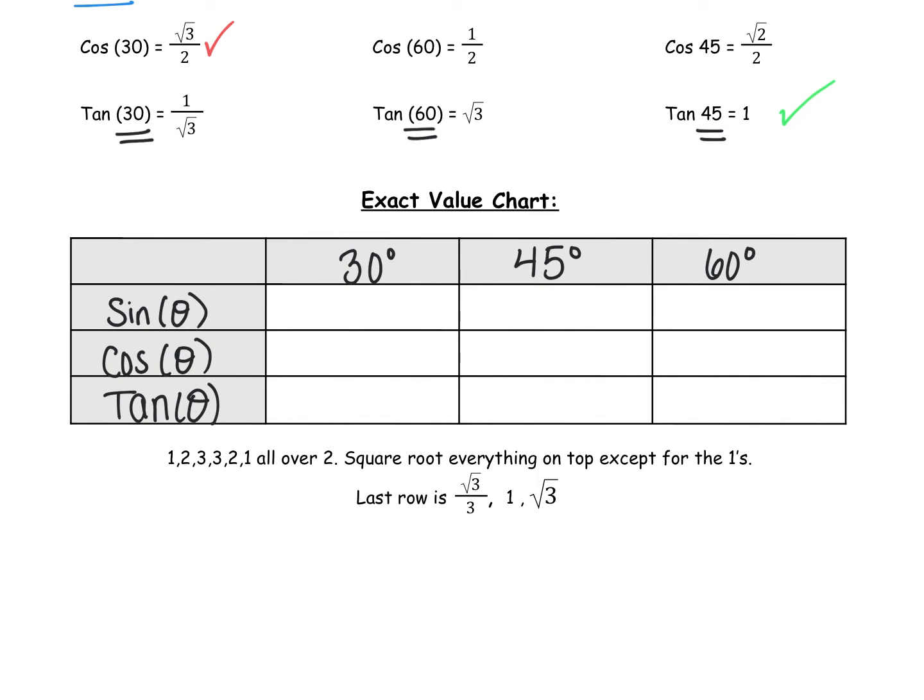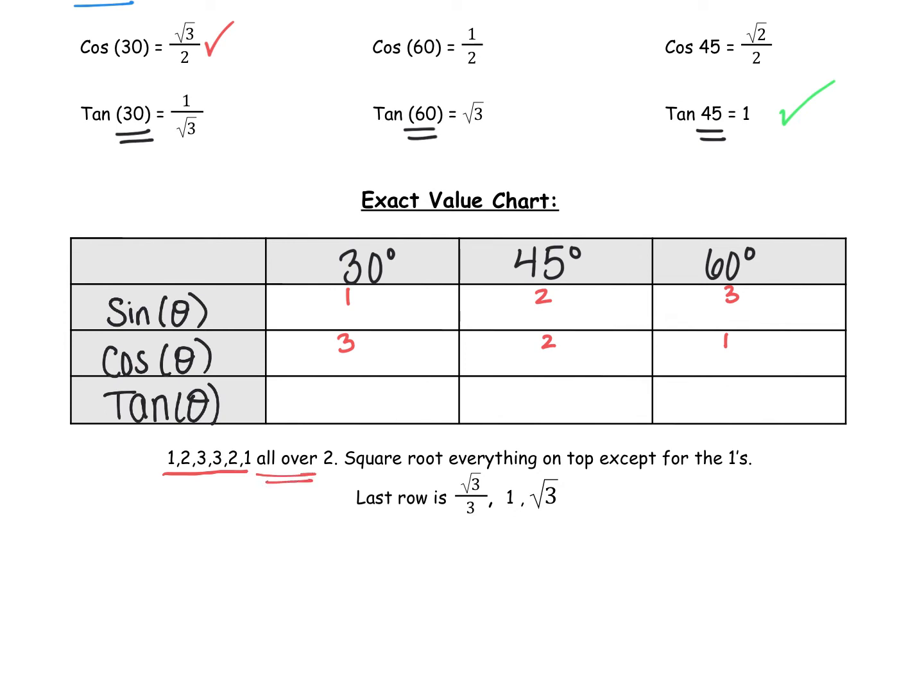And I'm going to teach you a little trick to memorize all of these so you don't have to memorize the exact values. So the rule goes, follow along with me, 1, 2, 3, 3, 2, 1.